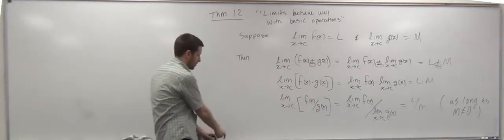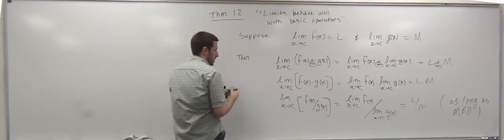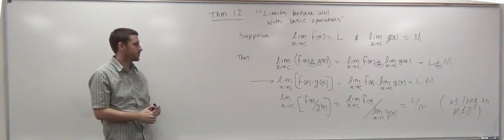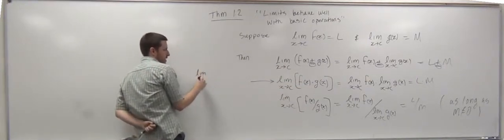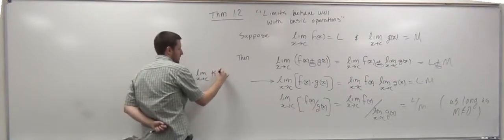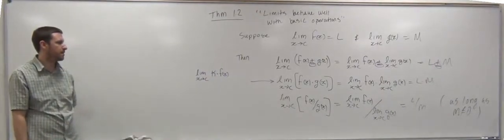There's one kind of extension to this. If you have, instead of a function times another function, a constant, like the limit as x goes to c of some constant k times the function f, what do you think happens with that?